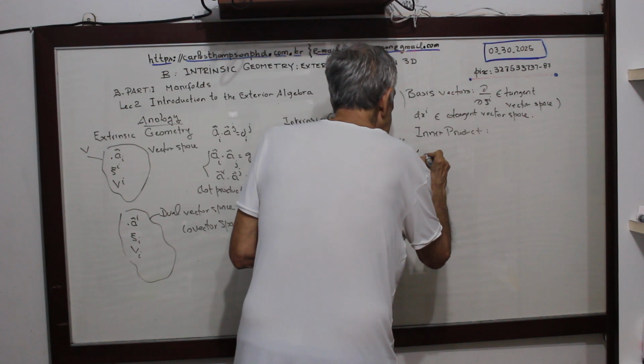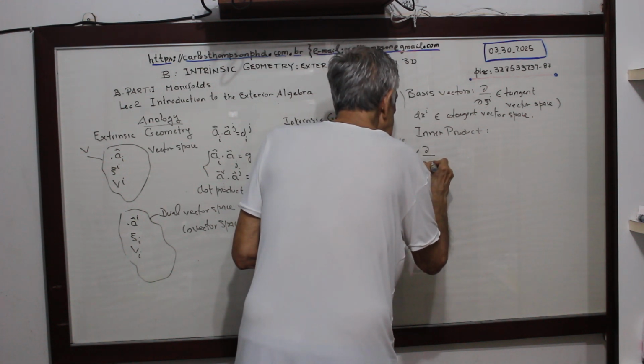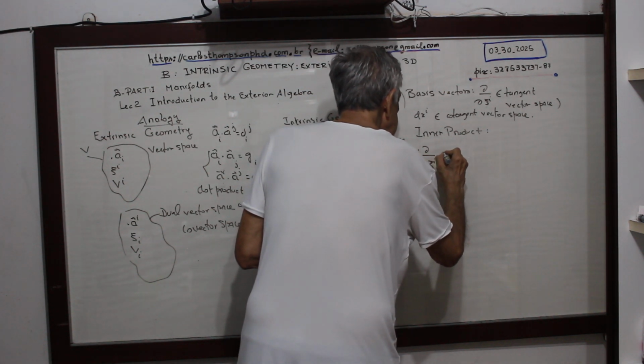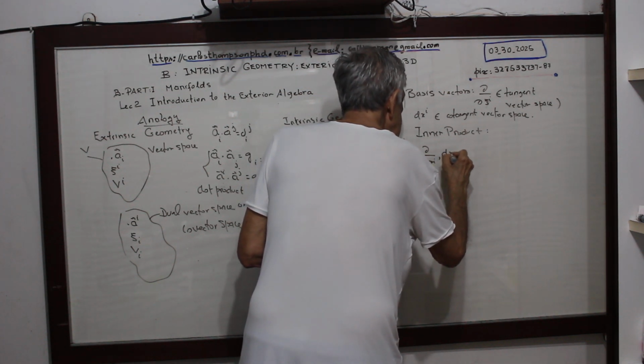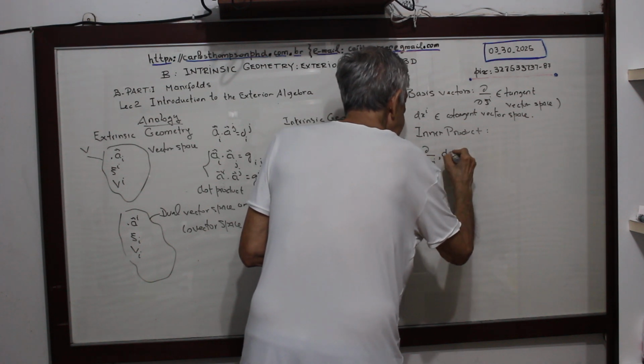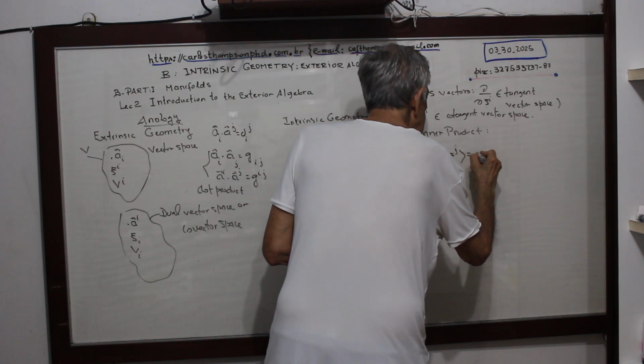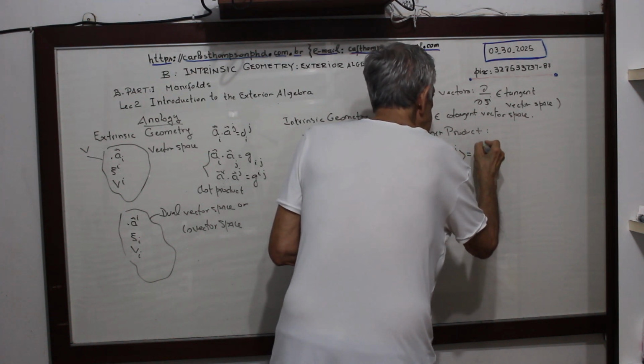This, I have partial Ci, partial Cj is equal to delta Ij.